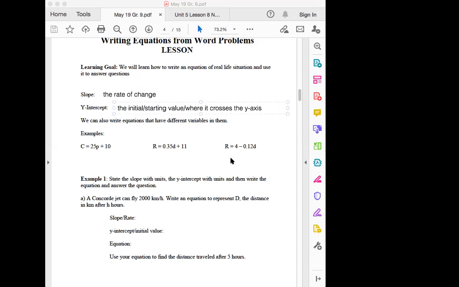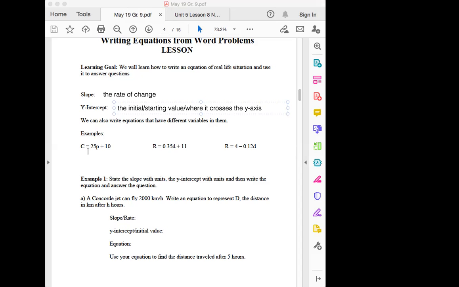Okay. So I know so far we've seen the slope and y-intercept within the form y equals mx plus b, but we are able to use different variables with it. So we can use different letters like C, P, R, D, like literally anything from the alphabet.